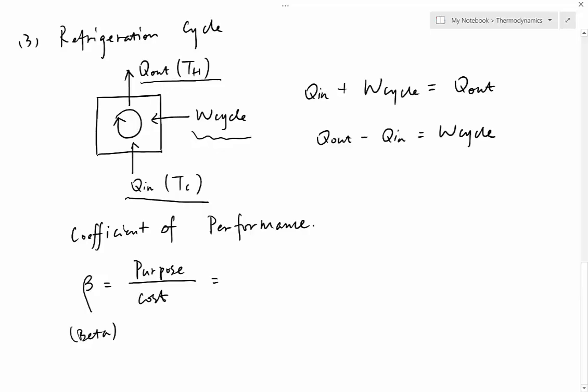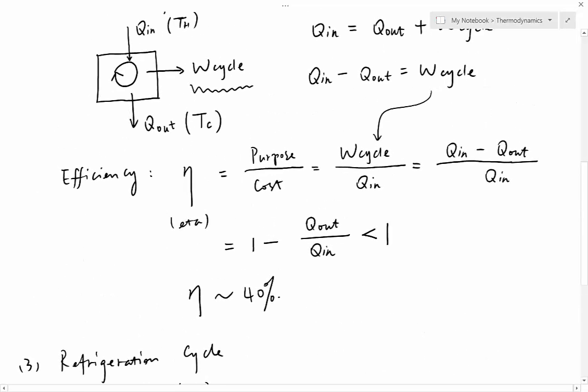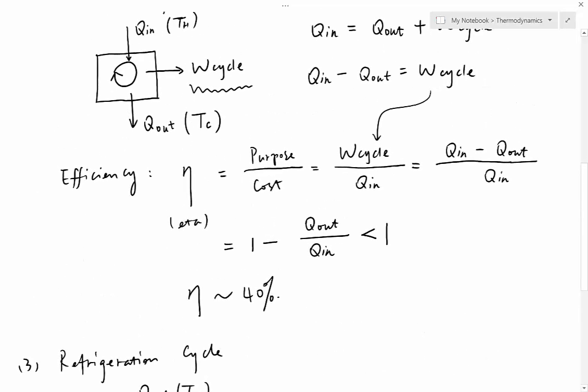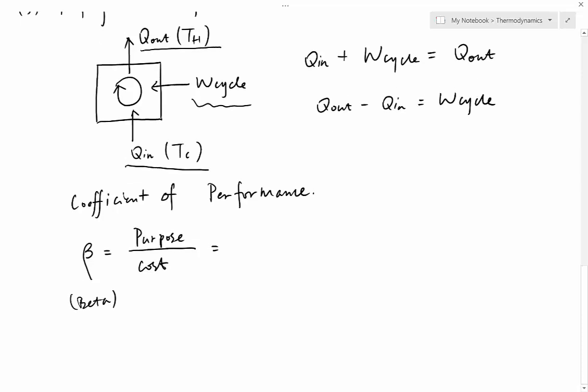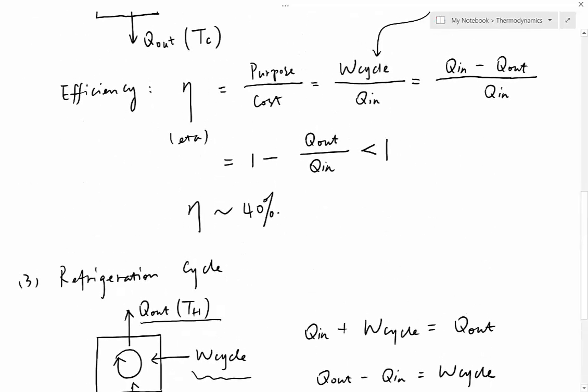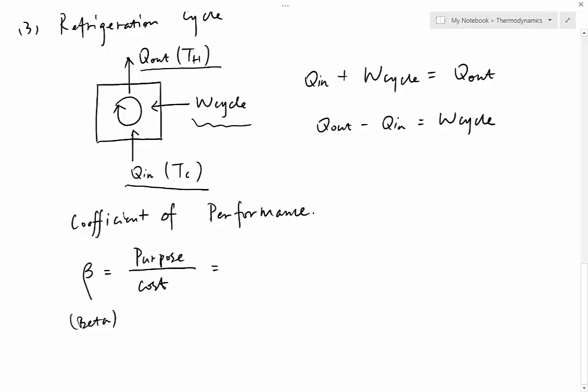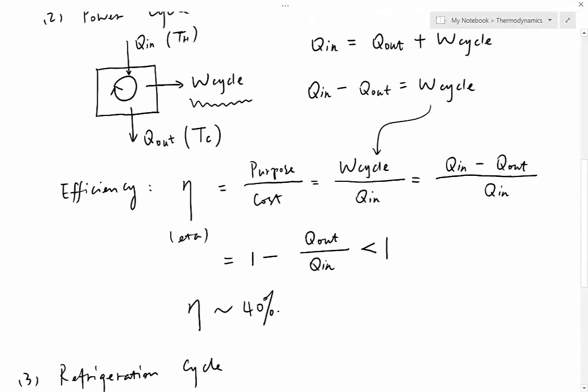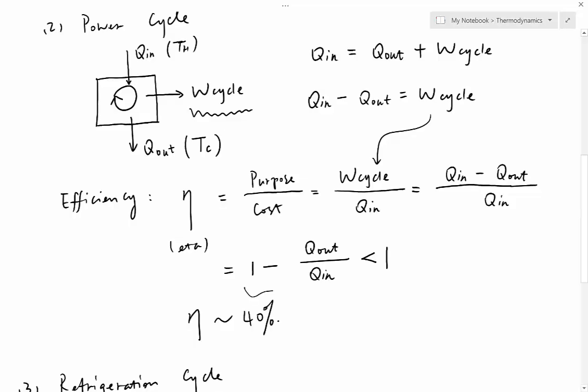Purpose over cost. And now some of you may ask, if the definition of efficiency is purpose over cost, and beta has exactly the same definition, why do we give them different names? For example, the first one is called efficiency, and now it's called coefficient of performance. If they have the same definition, which is purpose over cost, why do we give them different names? The reason is that for efficiency, based on our equation, the solution will always be less than 1.